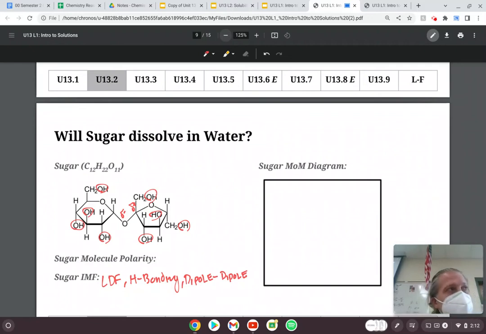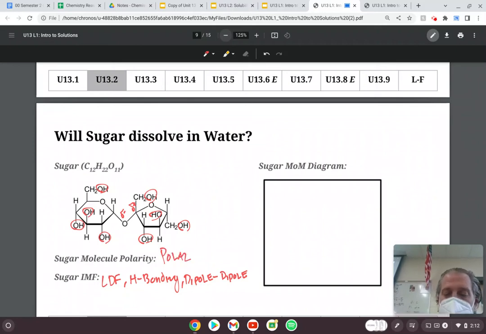We usually show you the delta signs when we do this, but it just wasn't there, so I wanted to show you. If you did see the delta negative, delta positive, you might be able to identify it. You would have probably said dipole-dipole. I was just trying to help you out there. Okay. And so that makes this molecule polar.